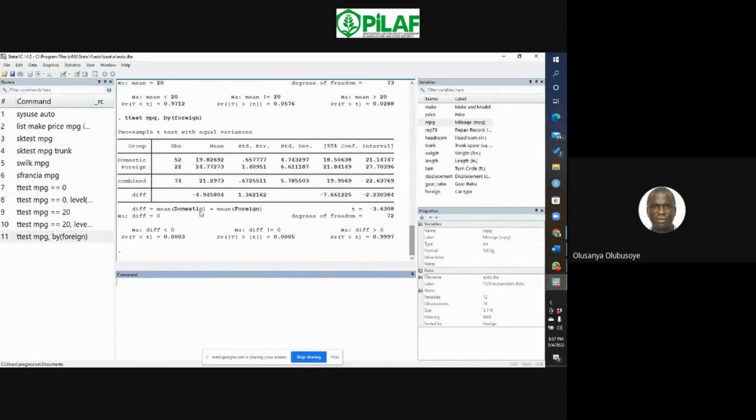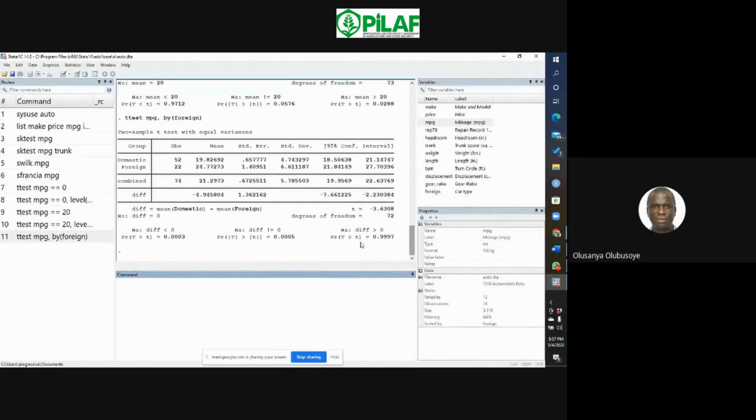If they are the same, the difference will be 0. The alternative will be that they are not the same. This one is saying that, but it doesn't say the direction. This one is saying they are not the same, but the direction is that the domestic is smaller compared to the foreign. This one is saying they are not the same, but the direction is that the domestic is greater than the foreign.